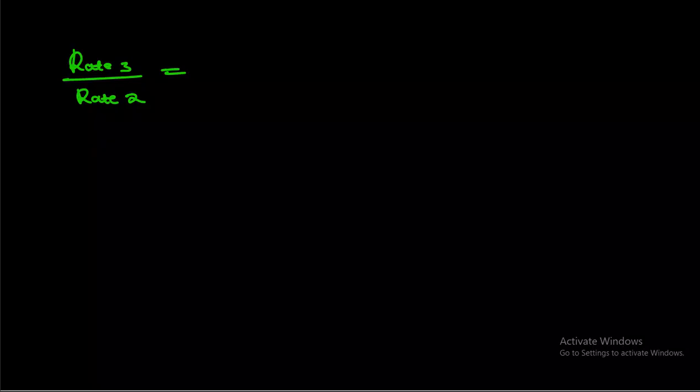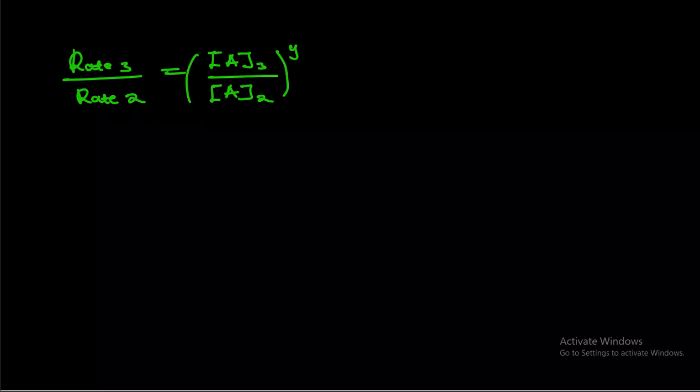The reason I'm using this is that I'm trying to make sure the greater number is on the numerator, so that I don't deal with too many decimal numbers. Then you're going to say concentration 3 over concentration 2, all this raised to the power y. You can use any rate like I said.